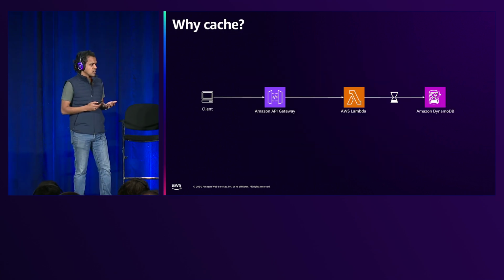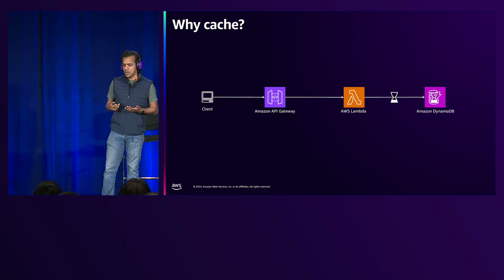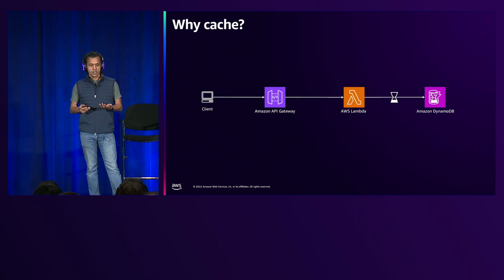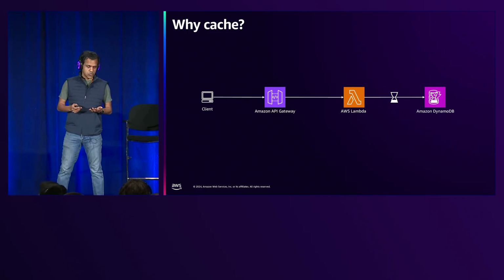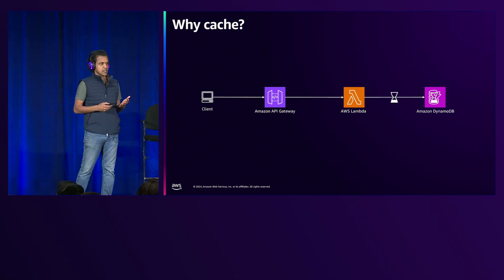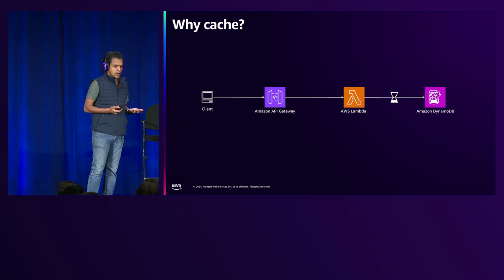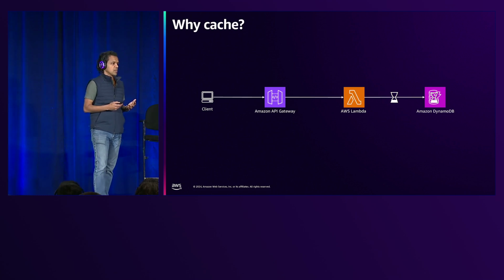So you would ask why cache, right? The most basic reason why you would cache is really to help reduce latency. So here's your basic serverless architecture. You have your client talking to an Amazon API Gateway, talking to some kind of compute, in this case Lambda, and then some kind of data storage, say DynamoDB. And there are multiple reasons why your application might be running slow, right?